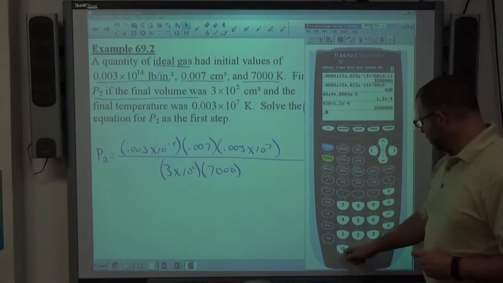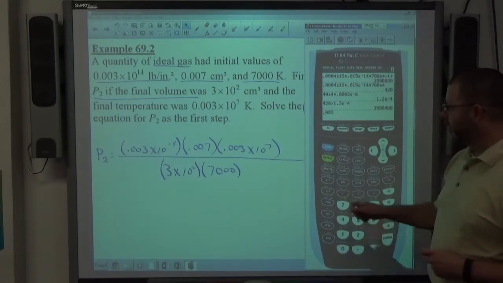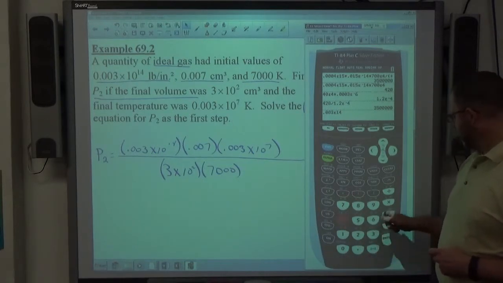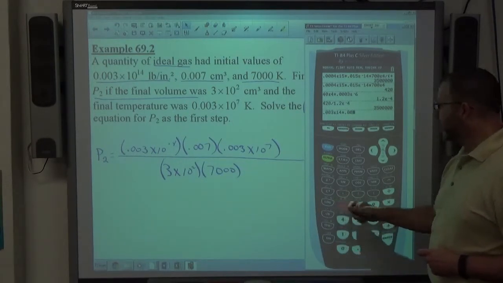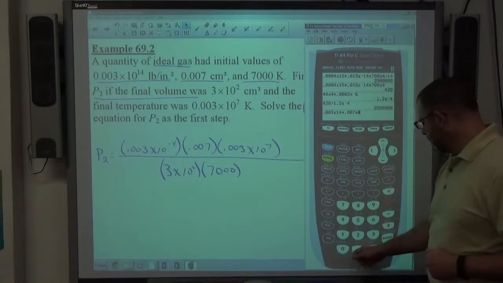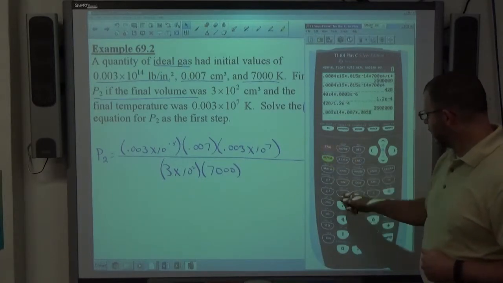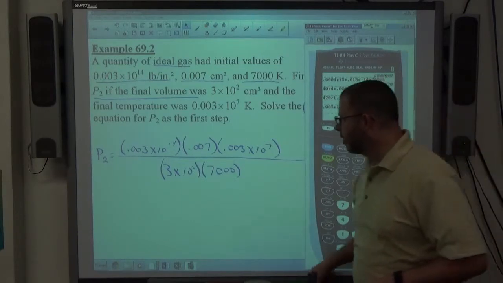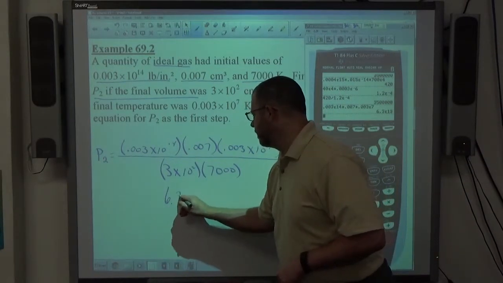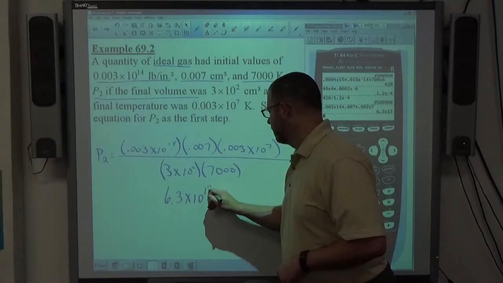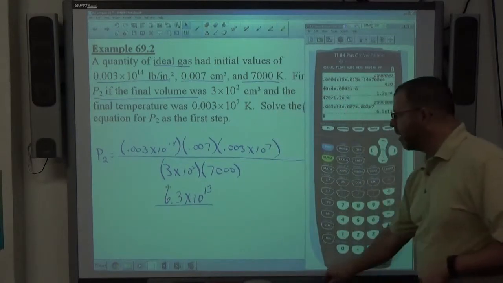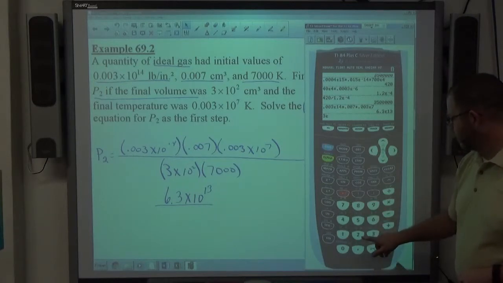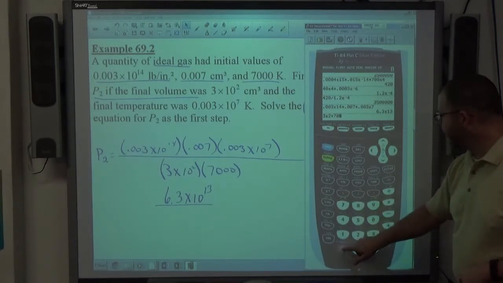So 0.003 times 10 to the 14th times 0.007 times 0.003 times 10 to the 7th gets me 6.3 times 10 to the 13th for the top. For the bottom, I do 3 times 10 squared times 7,000.